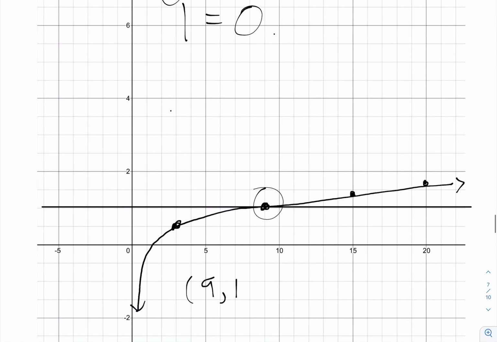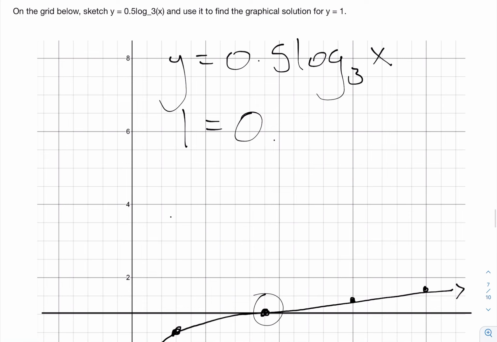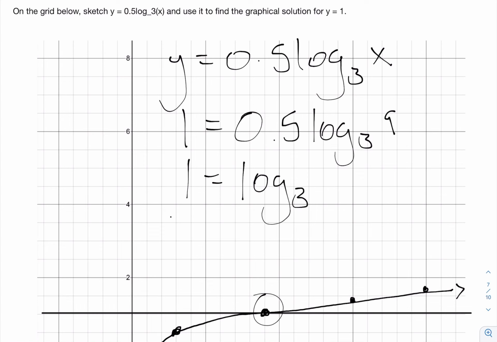So 9 and 1, let's just plug that in, make sure it's good. So we're saying 1 equals 0.5 log in base 3 of 9. Well, this 0.5 here can be moved to the 9. So we're saying 9 to the 0.5, which is just 3. So 1 equals the log in base 3 of 3.